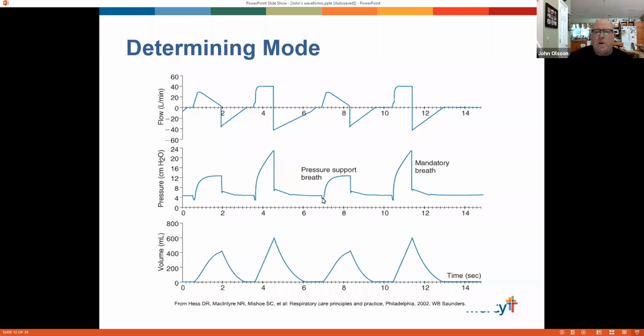And pressure support, that's more of that spontaneous mode. Remember I told you you are riding that bike up the hill, and I come behind you and I push you. I just give you a little boost, and that's what that's doing. That's a little pressure giving you a boost. It goes up to a certain point that I set, or you write the order for, and I set it on the ventilator, and that actually helps them overcome the resistance of the ET tube.